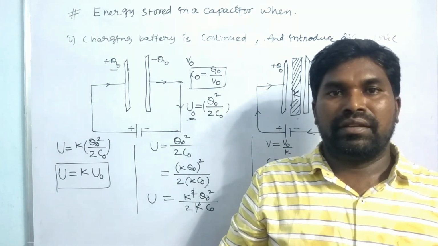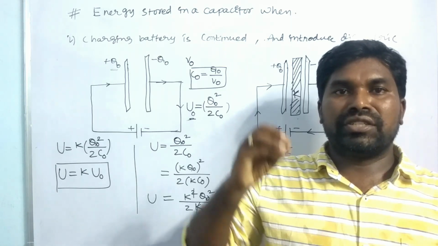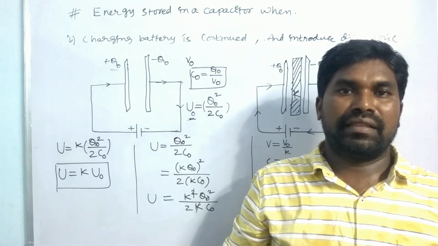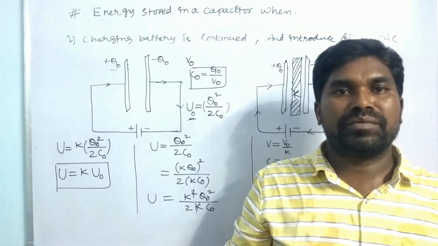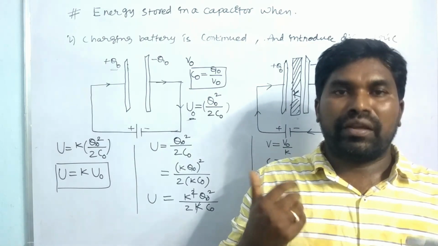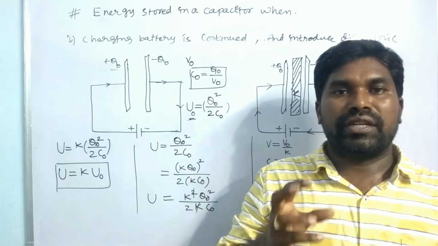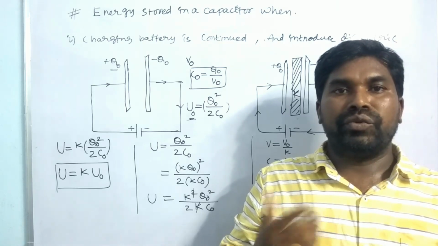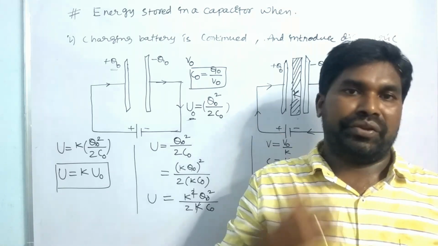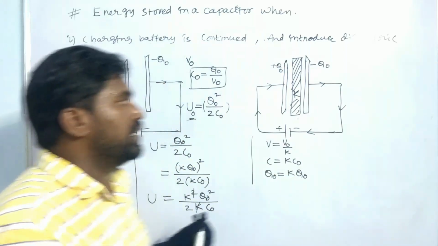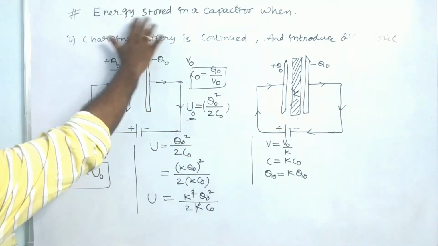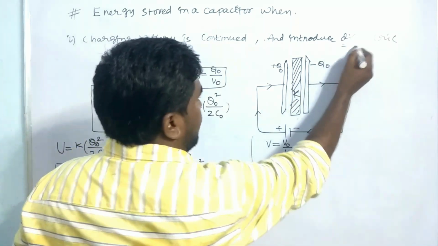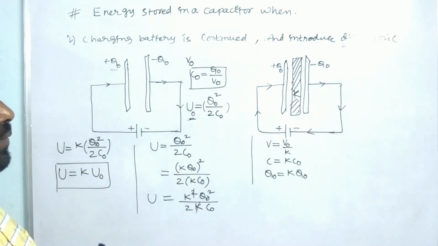And when the dielectric is introduced between the two plates of a capacitor and the battery is disconnected, the energy decreases by 1 by K times. So U is equal to U0 by K when disconnected, and U is equal to K U0 when the battery is continued. So this is the logic behind the effect of the dielectric on the stored energy in a capacitor. Okay. Thank you.